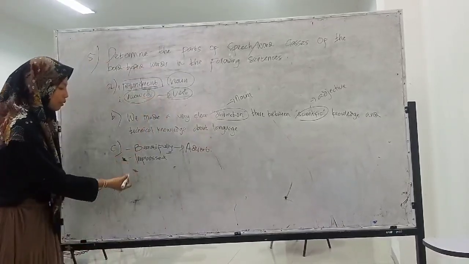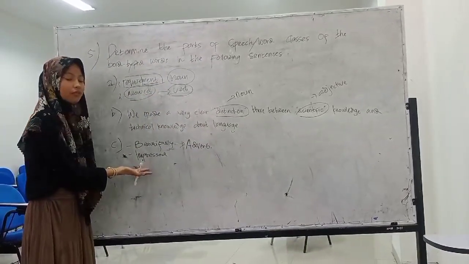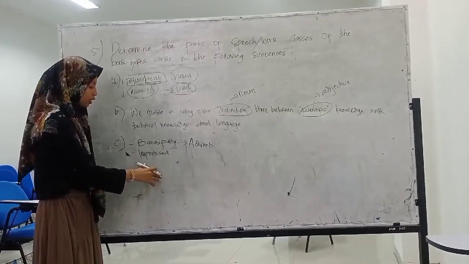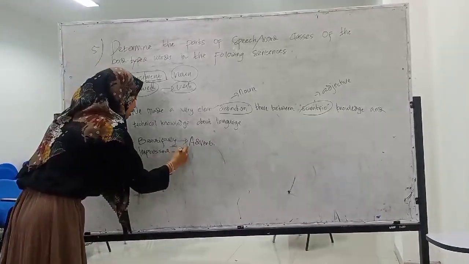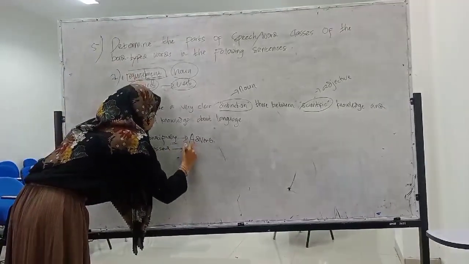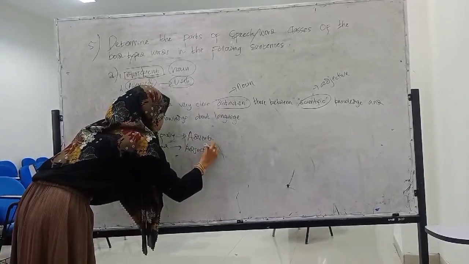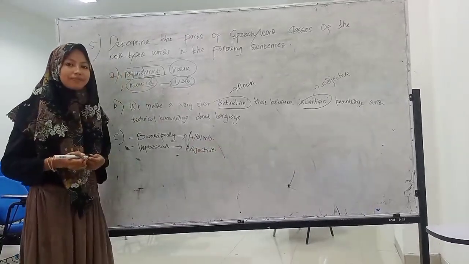The second one is impressive. We can know the meaning of impressive is kagum or terkesan. So the part of speech of impressive is adjective. Okay, I think that's all for me.